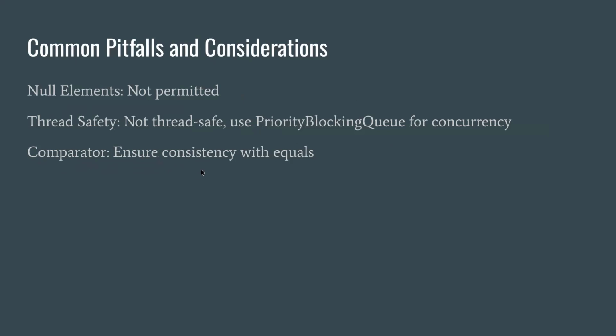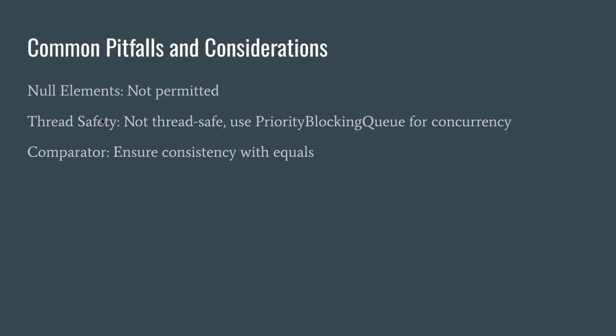Common pitfalls and considerations. So there are some common pitfalls and considerations to keep in mind when using priority queue. Priority queue does not allow null elements. So if you try to add a null element, it will result in a null pointer exception. And the priority queue class is not thread safe.